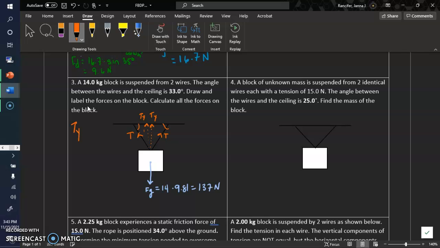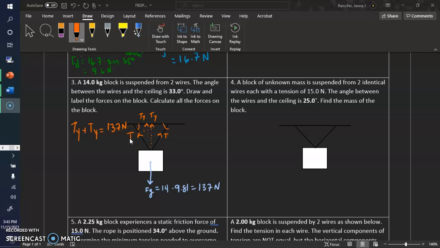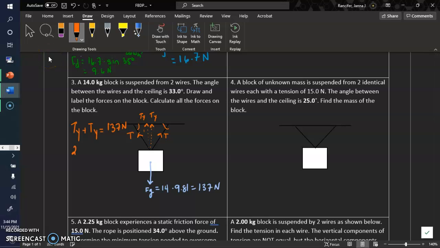So Ty plus Ty should equal 137 newtons. Each of these strings bears some of the load, or the weight of this block. So if I combine, this is 2 Ty equals 137 newtons.